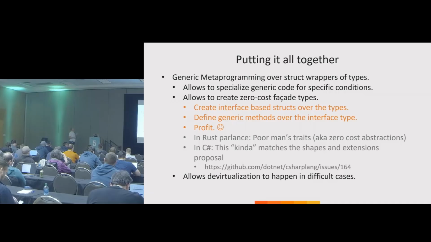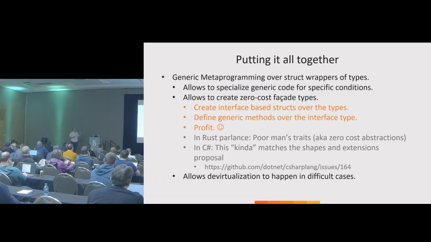So for anyone that comes from Rust, this is essentially the concept of traits or zero-cost abstractions. The same if you come from C++, it's templates. The important thing about templates, if you think about it, is they are Turing complete. This is not the case in C#, at least not yet.